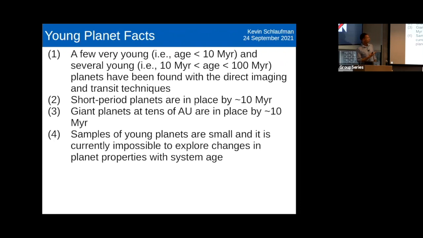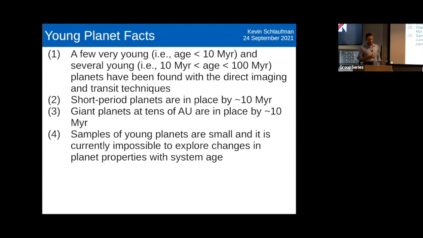It's also now been shown from direct imaging observations that there are giant planets at tens of AU, which are in place even before the parent protoplanetary disk goes away. So planet formation at those distances is fast, and any seriously considered model has to be able to explain the existence of planetary systems both very close in and very far away in just a few million years.